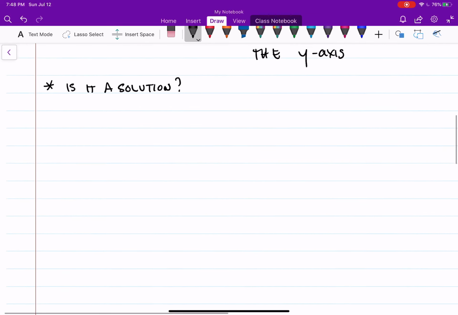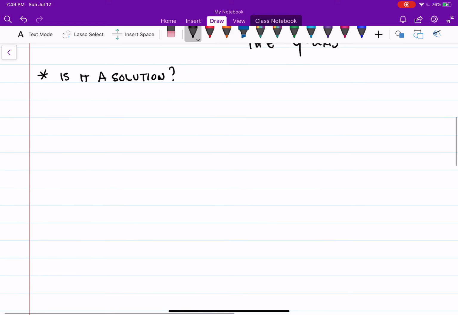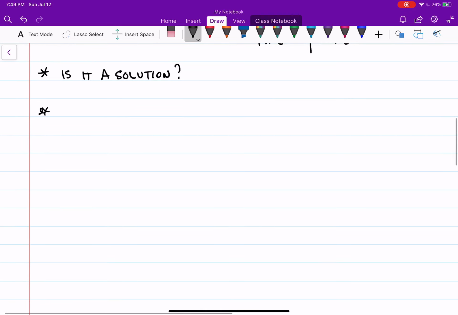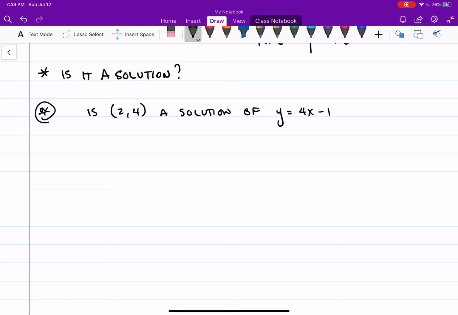One is they could give you a point and the equation of a line, and you have to figure that out. So, for example, is (2, 4) a solution of y = 4x - 1?